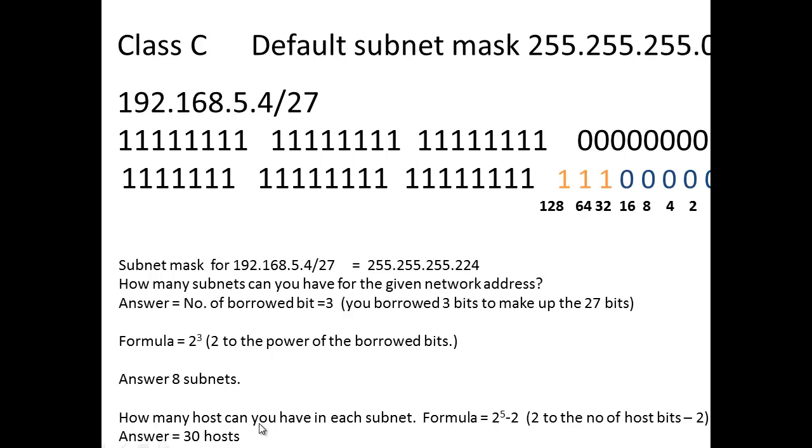And then you also have to figure out how many hosts you can have in each subnet. And to do that, you say 2 to the power of the number of host bits that are left, which in our case was 5, minus 2. And that gives us our answer as to how many hosts you can have in each subnet.